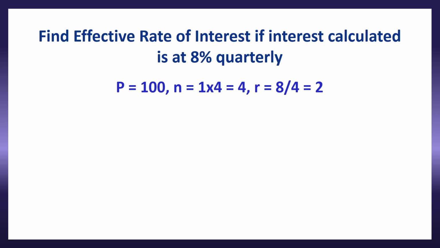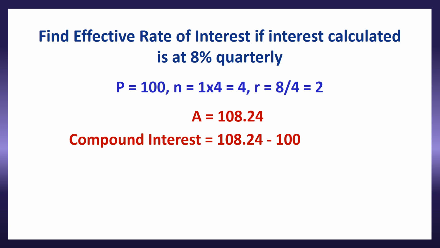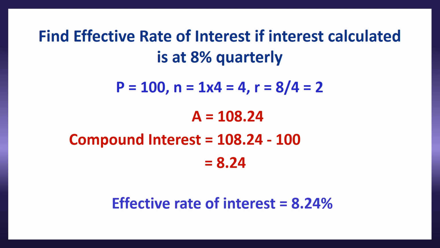So when the amount is known, we can calculate the interest. That is, interest is equal to amount minus principal. So 108.24 minus 100 will be the compound interest, 8.24. That means the effective rate of interest here is 8.24%.